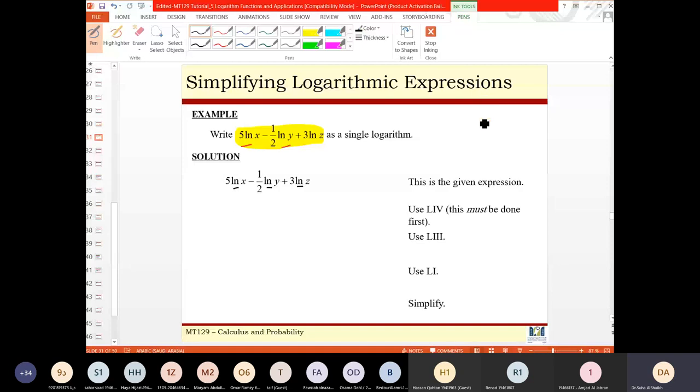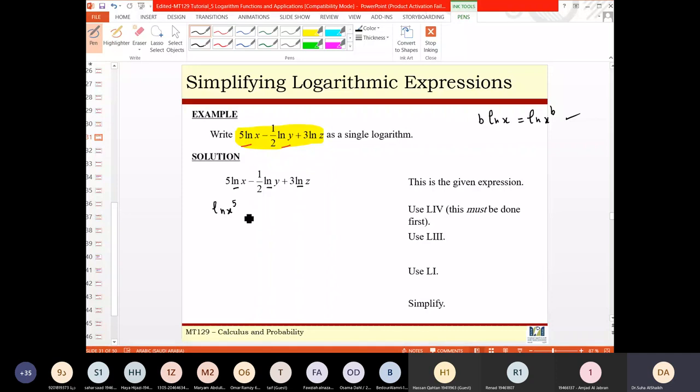I know that when I have b ln x, this is the same as ln x to the power b. So b ln x is ln x to the power b. So this can go as a power up there. This will be ln x to the power 5.